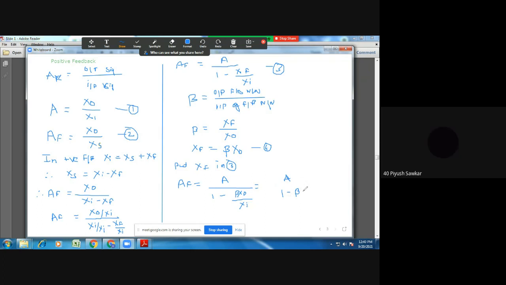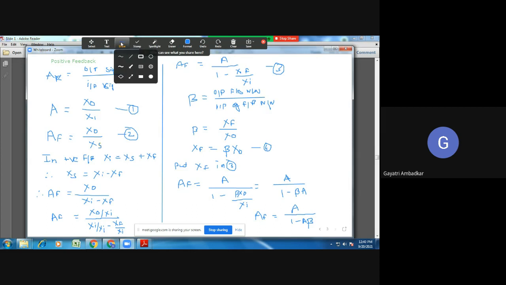It is A. So the gain with feedback AF is equal to A upon 1 minus A beta. This equation we have derived for positive feedback.